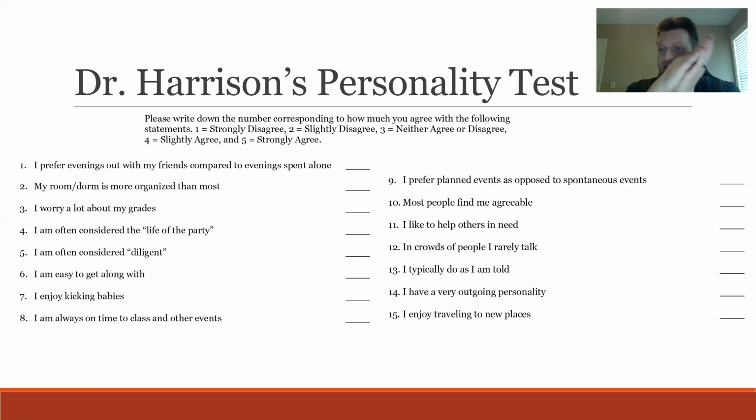Nobody is varying in their score whatsoever. So even though this might measure agreeableness, the same thing goes for question 10, most people find me agreeable, and 11, I like to help others in need. These questions seem to measure agreeableness, but they are going to be uncorrelated with I enjoy kicking babies, not because they're not measuring the same thing, but because there's no variation in how people answered 7.